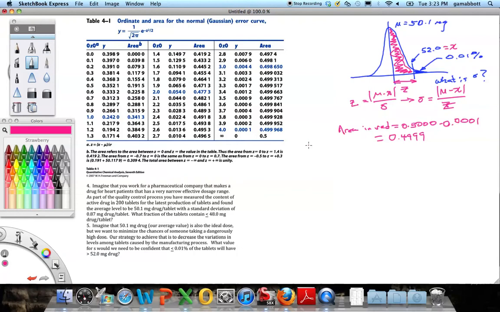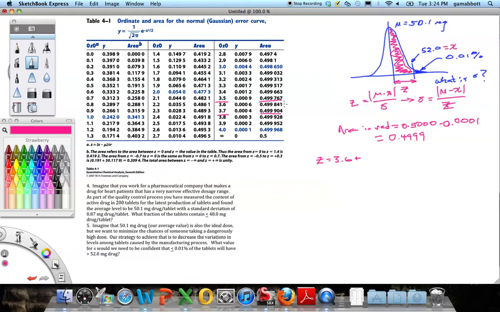So we want to look in the table and find that area, and we don't have it exactly, but we have things that are very close. So these two areas are close. That means the z value that we want is going to be 3.6 plus some. So z is equal to 3.6 plus a little bit.